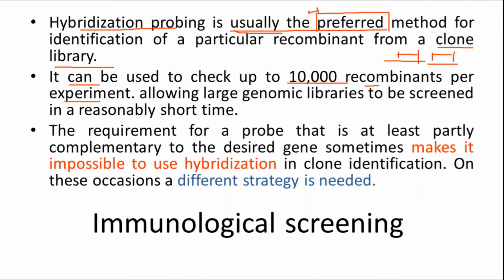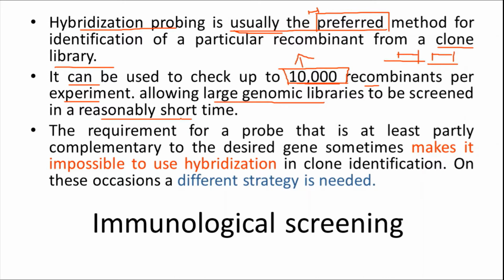Then how do we identify? How do we select? Because we want to produce a large number of clones in a very short time. That is called genetic engineering. Hybridization probing method selects 10,000 recombinants, so large libraries may be screened in a very short time. This is not suitable. We want to identify more recombinants in a short time.